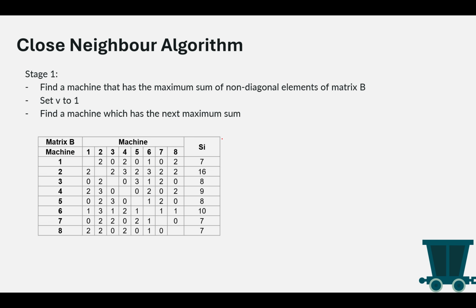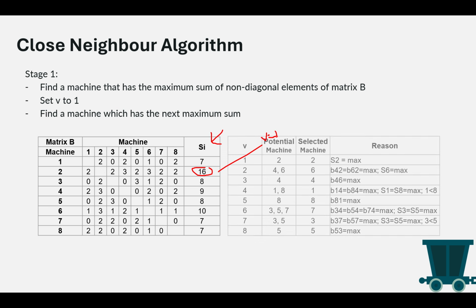Then we can find the maximum sum. We got this one, 6, as the first, V1. For this particular V1, it is machine number 2, because the row is marked.